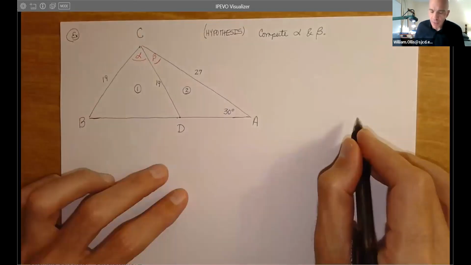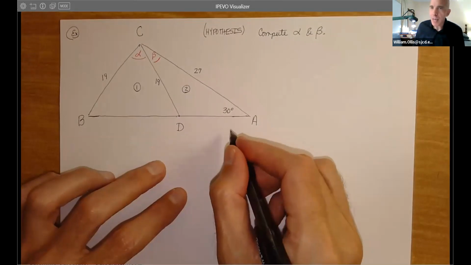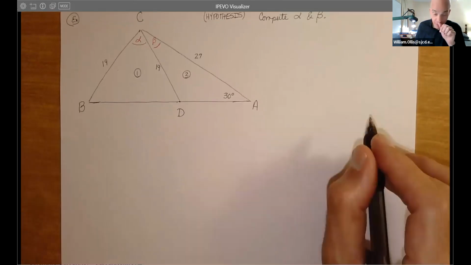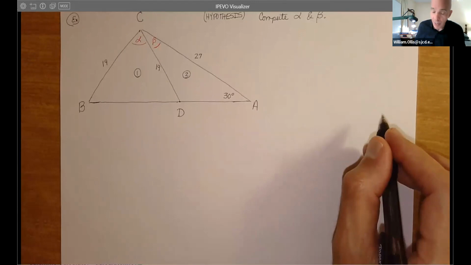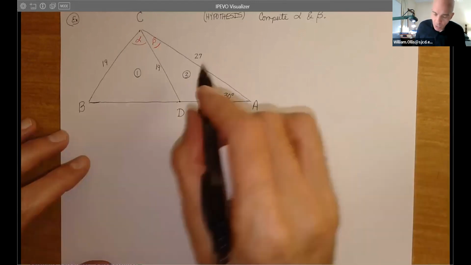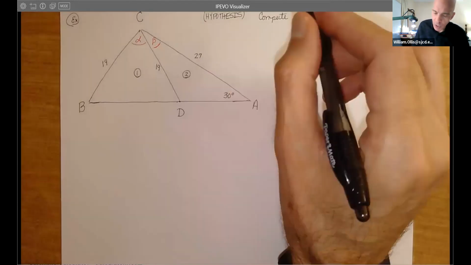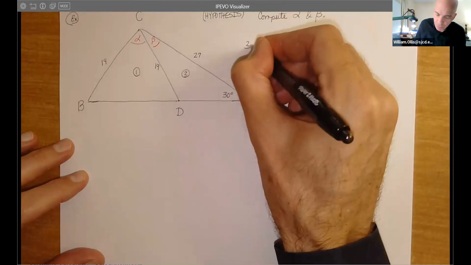Now, when you look at this problem, this is tailor-made for the law of sines. I'm going to do them in the order I think is most efficient, though others may look at it differently, and you're welcome to do that. First I'm going to use triangle 2.